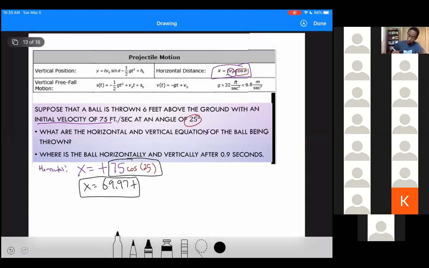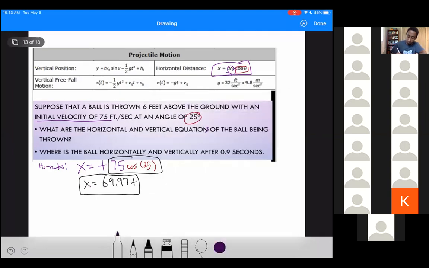Okay, for the vertical, that's where we're using this longer equation.